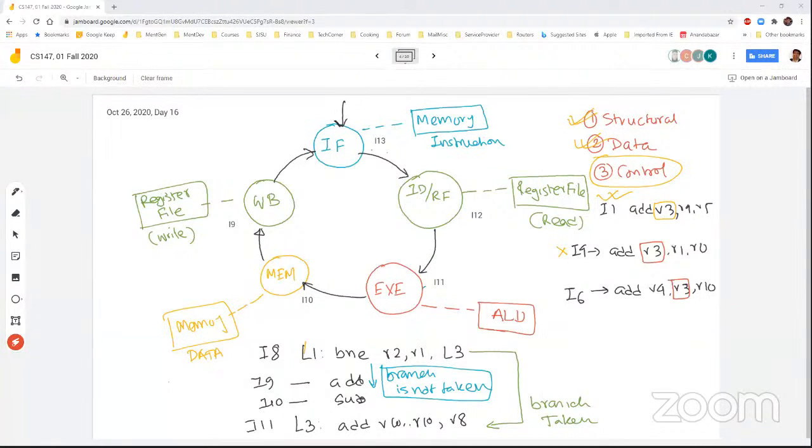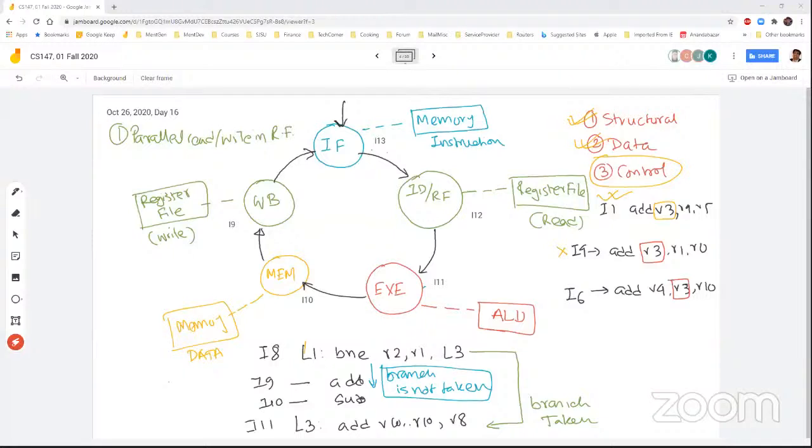Okay, one more thing I need to tell you. If you go through this, how the register file structural hazard is resolved is that we did a parallel read-write feature. So this hazard is a structural hazard, resolved by parallel read-write in the register file, so the read and write happen at the same time during different phases.